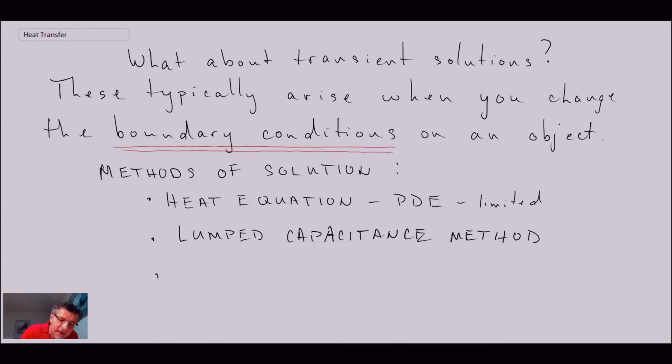Then we're going to be looking at some approximate solutions to the heat diffusion equation. And for these, we can either look at them using tables and looking up values in tables, or we can use a graphical technique that uses what are called Heisler charts.